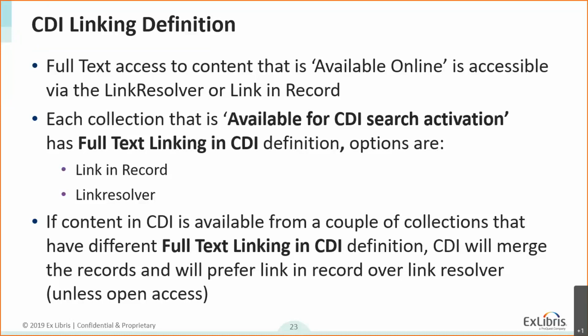So how does CDI determine what type of linking to use? CDI will always prefer linking record. That's the preference today. If you have a title that is available through a couple of collections, it will always prefer the link in the record over link resolver, unless it's open access. So this is the way that it works today.